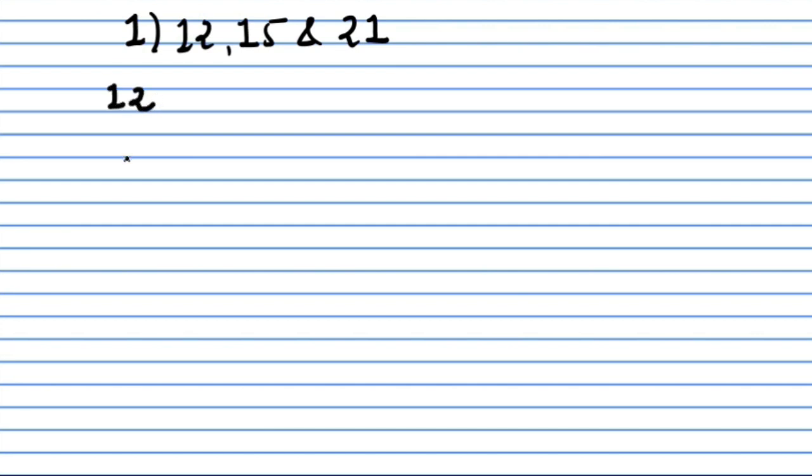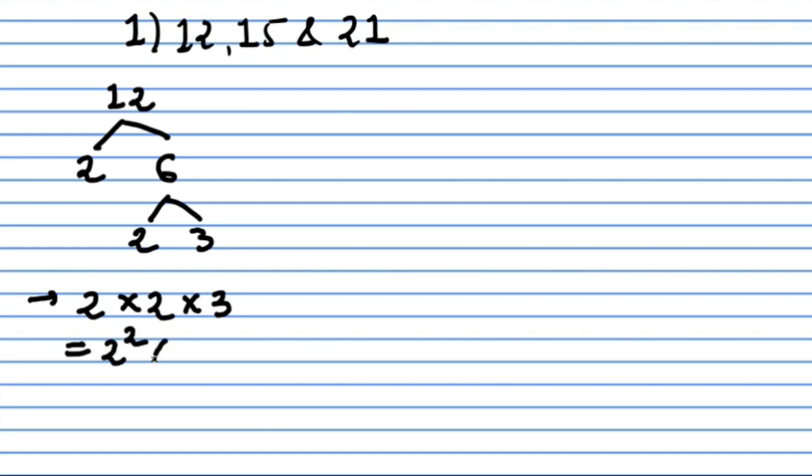First we will start with 2. 2 sixes are 12, no remainder. 2 threes are 6, no remainder. The factors are 2 into 2 into 3, so 12 is 2 square multiplied by 3.